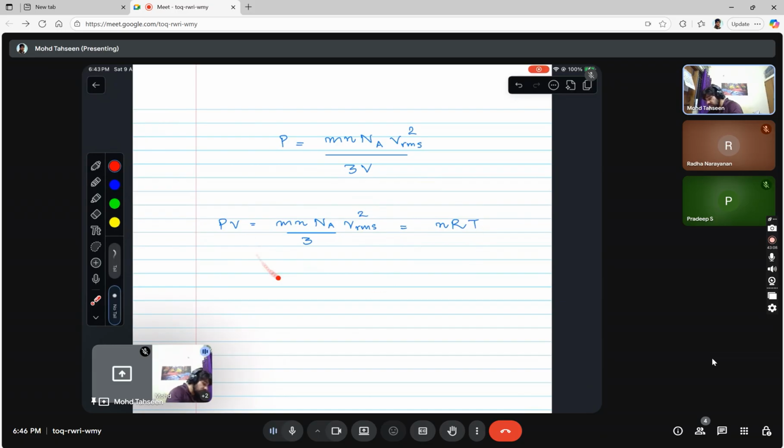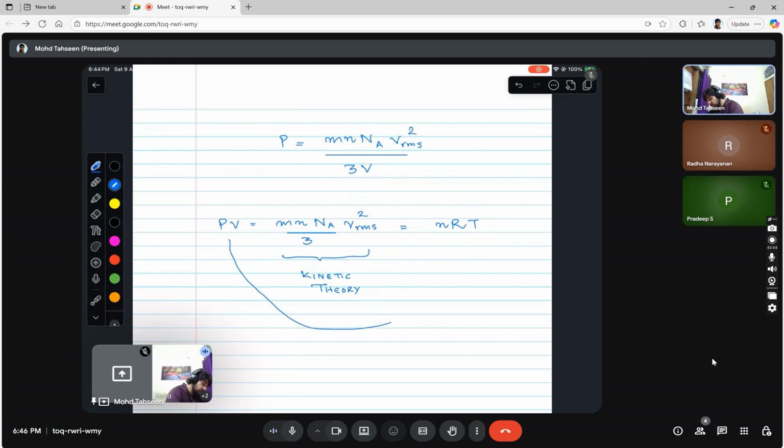Okay, so this comes from the ideal gas equation, which is basically, if we put together all those laws, the Charles law, Boyle's law, and there's one more, it's called Gay-Lussac's law, right? So if we put all that together, we get this equation, and this equation is obtained if we treat the particles of this gas as, it's called the kinetic theory, right? This one comes from kinetic theory.